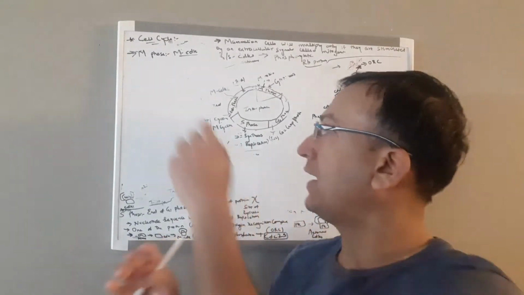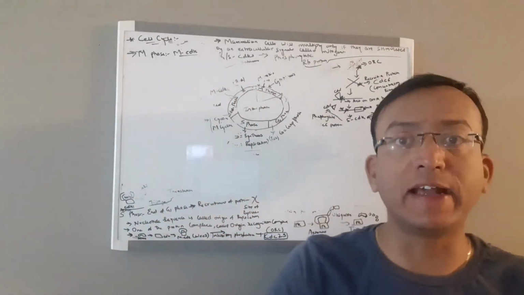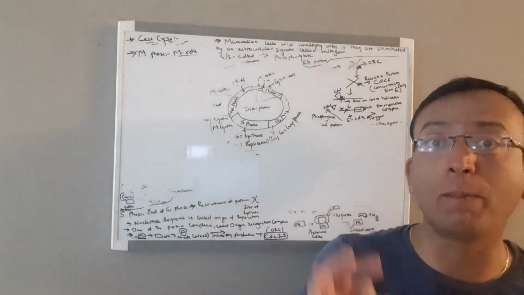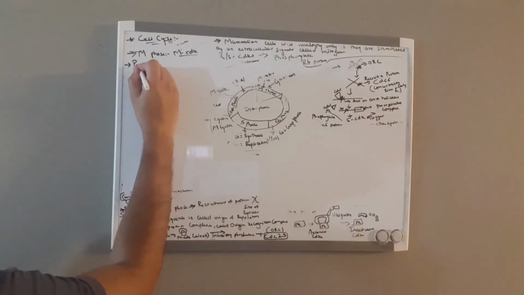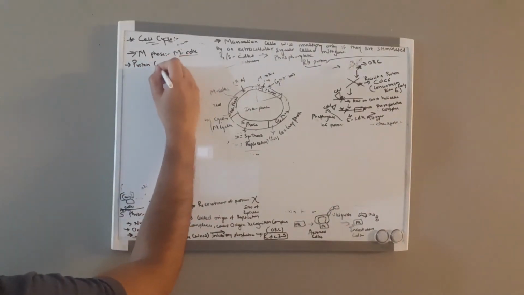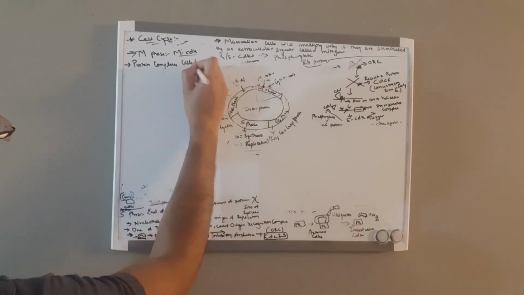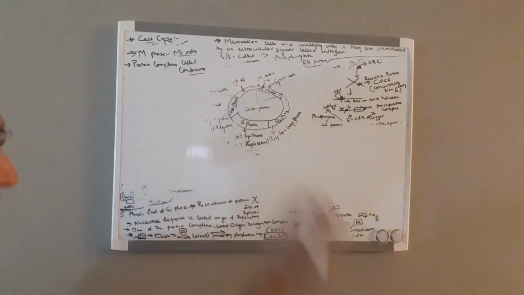So when the cell enters the M phase, the duplicated chromosomes condense and become visible under the microscope as a thread-like structure. The protein complexes responsible for condensation are called condensins.